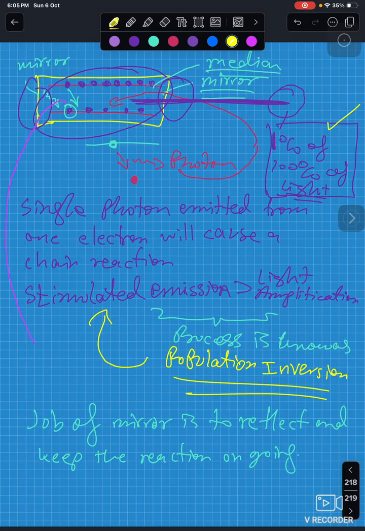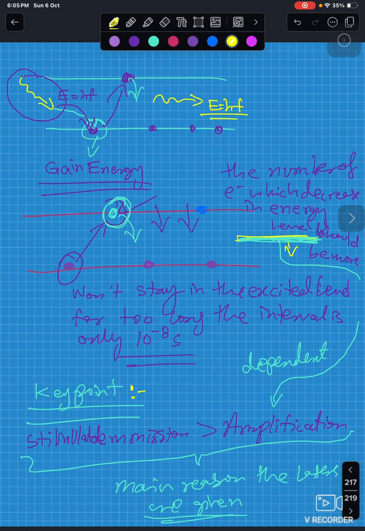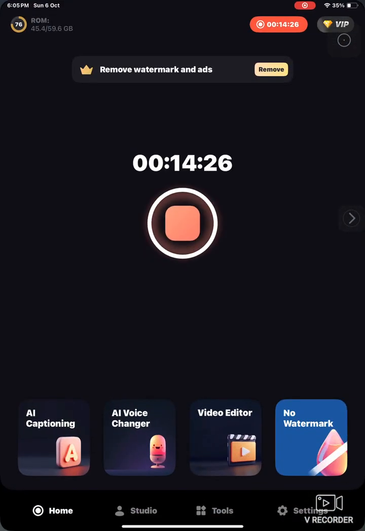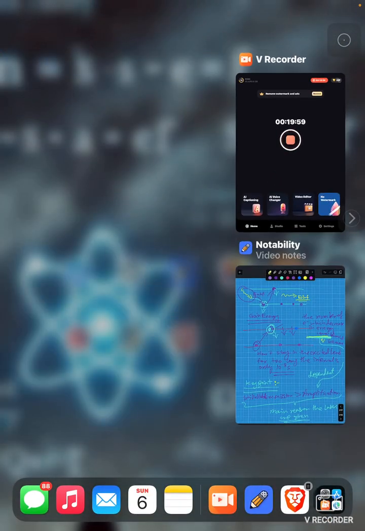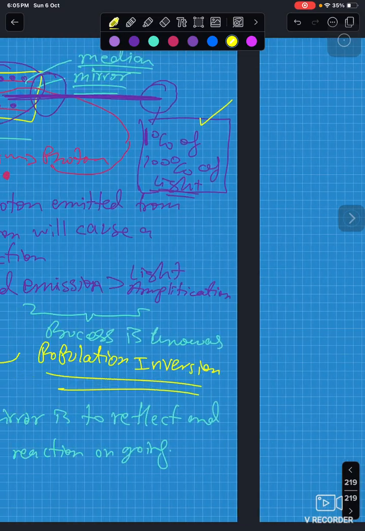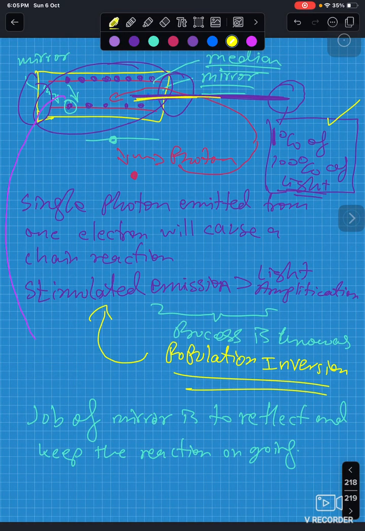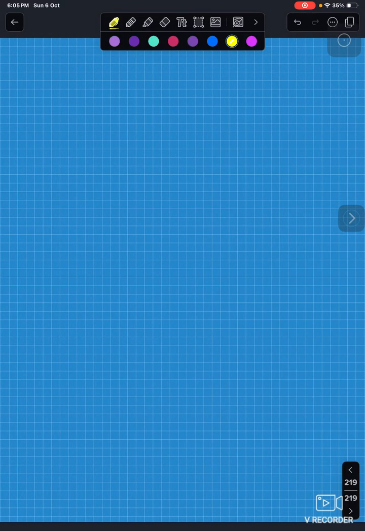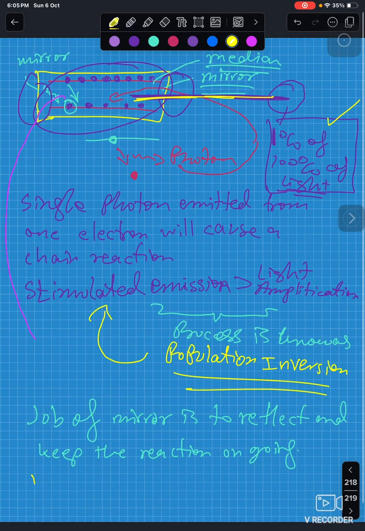So what else, am I missing something? Light amplification. Ah, radiation. Radiation is nothing but the light again.